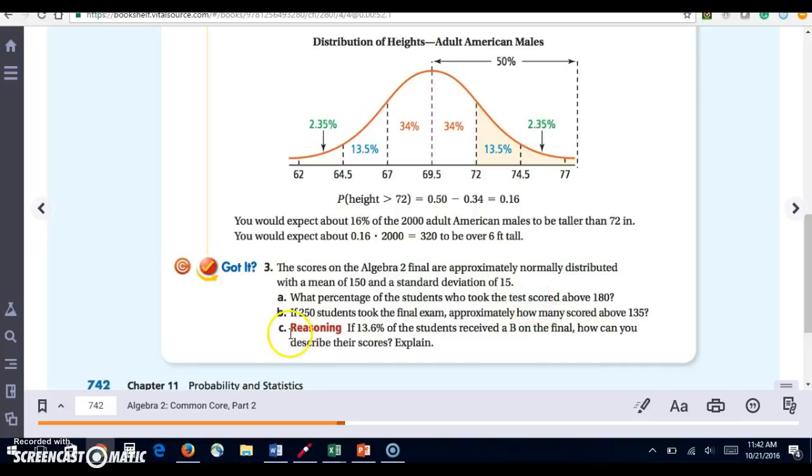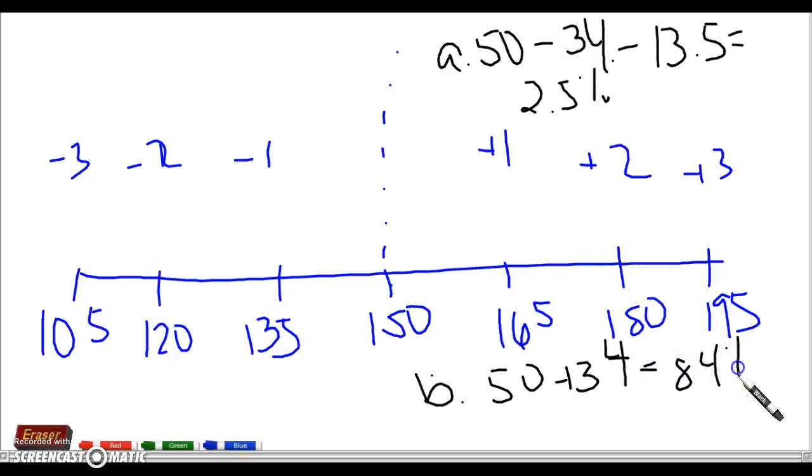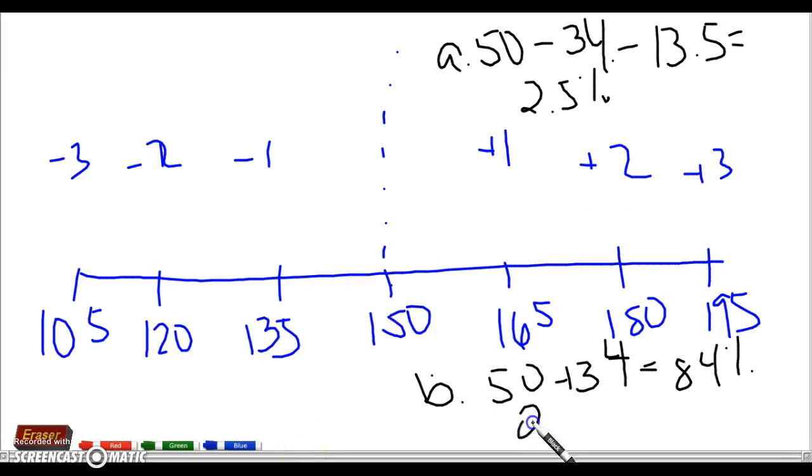Okay. If 250 students took the final exam, approximately how many scored above 135? So let me go back to my chart. 135. Oh, that's everything. So that's 50% plus 34, right? So 50% plus 34, and I'm going to do that one in my head, 84%. And how many students do they want us to calculate for? For 250.